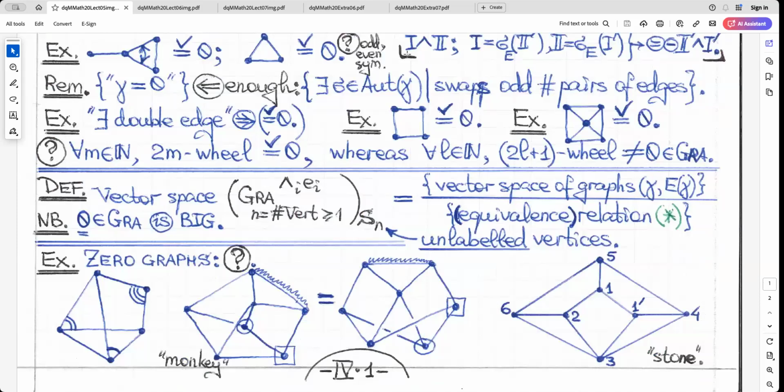We are now working from now on with the vector space of graphs with ordering of edges, modulo the linear equivalence relation: when we act by a permutation on the set of edges, we get the sign of the permutation. So this is the space of graphs in the literature, in the Annals.